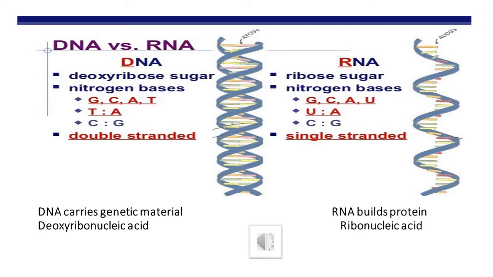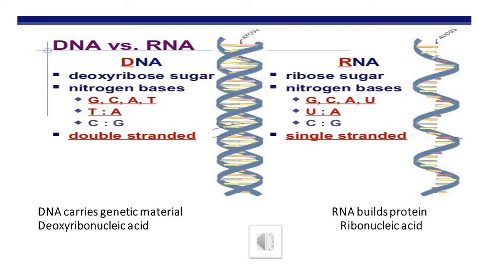As we know, DNA is named after its sugar. DNA has deoxyribose sugar. RNA is named after its sugar too. Guess what is the sugar type of RNA? RNA is called ribonucleic acid.